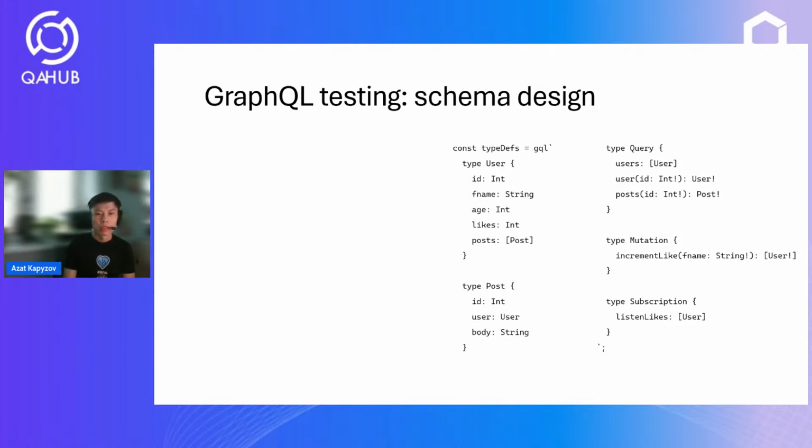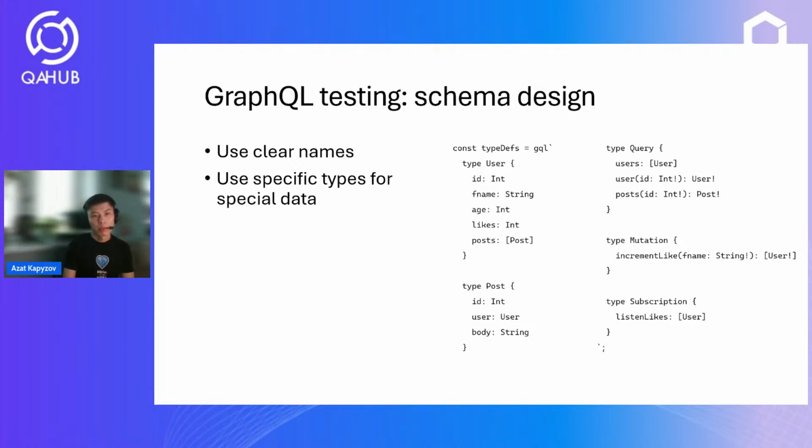So what we can test here in our schema, we might verify that we use clear names for our types, our fields, and our methods like get user or get users, increment likes, etc. We might verify that we use specific types for special data.